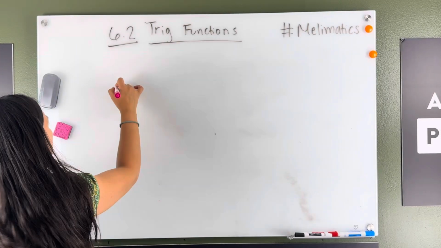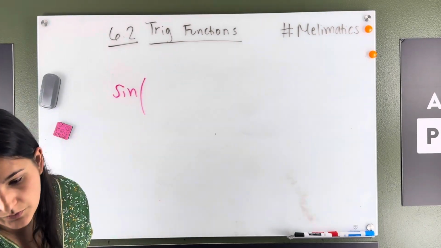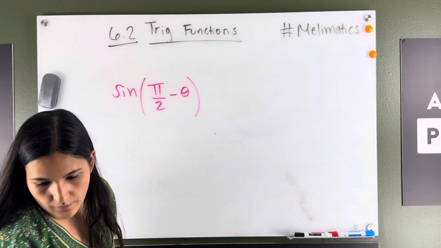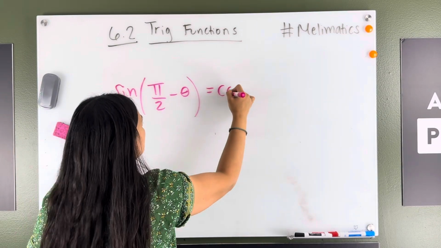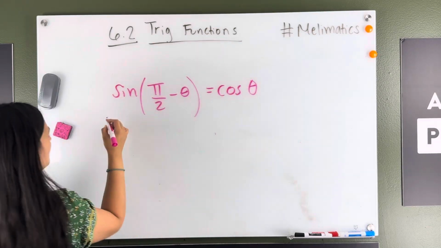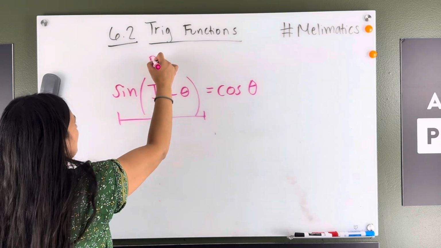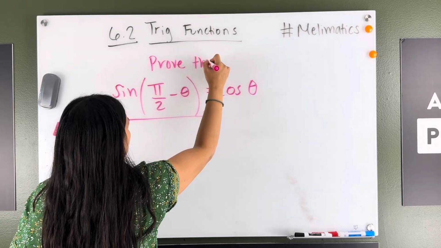Alright, just because I think it is useful to make sure we know this formula correctly, it's telling us, can you prove one of the cofunction identities? So we always usually start off with the left side. So this is: prove this identity.